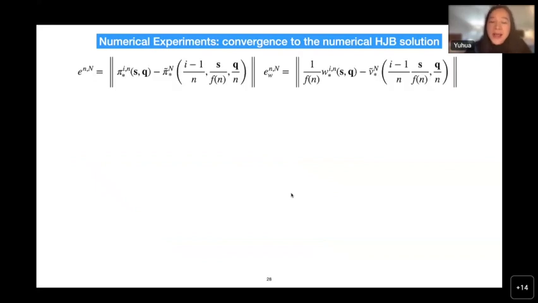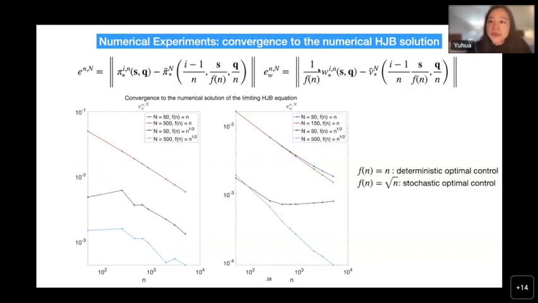Also, this plot shows the difference between the numerical solution to the HJB equation and the original optimal policy and optimal value function. This also has a pretty nice decay.